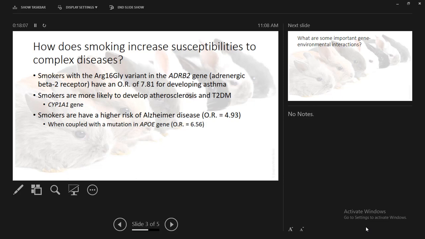And again, I told you this already, but this chapter isn't really big on giving you mechanisms. It's really big on just giving you specific examples of gene-environment interactions. But you can probably suspect what the mechanism will be if we're talking about a major environmental variable, that is smoking, and its influence on the expression of a gene.